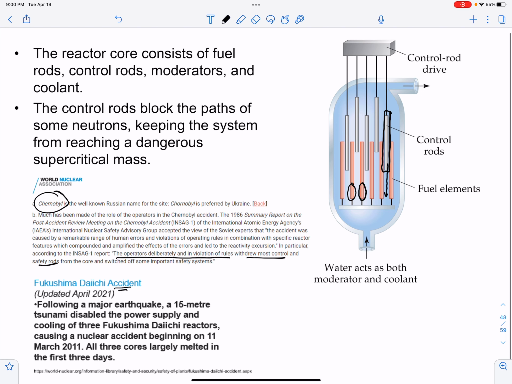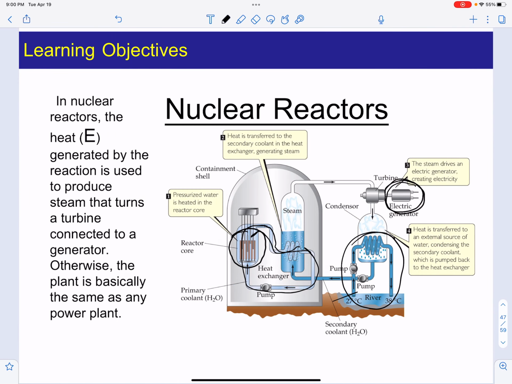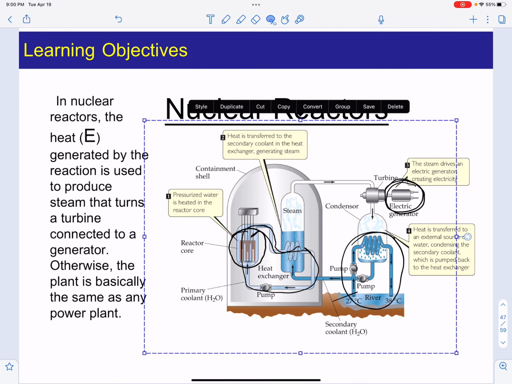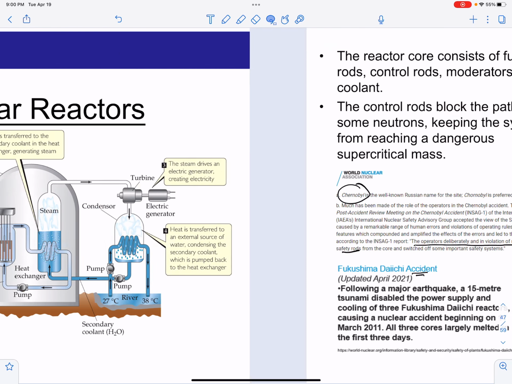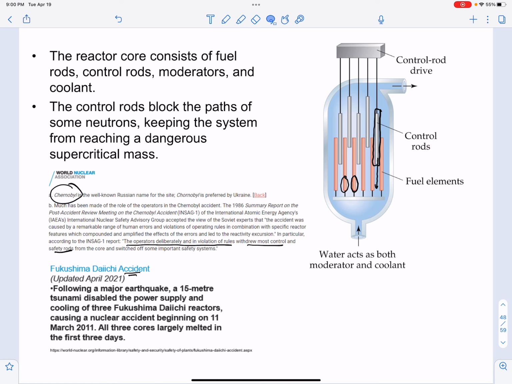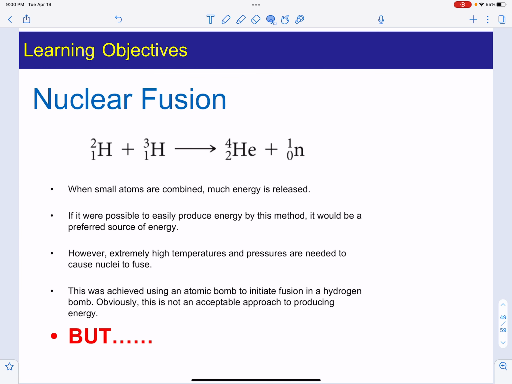So like I said before, a nuclear reactor is nothing more than a fancy boiler, but you know I'm being facetious, right? A fancy boiler that requires a lot of expertise to control. And any variation or violation can cause the death of thousands of people and destruction of the environment. So what about nuclear fusion?